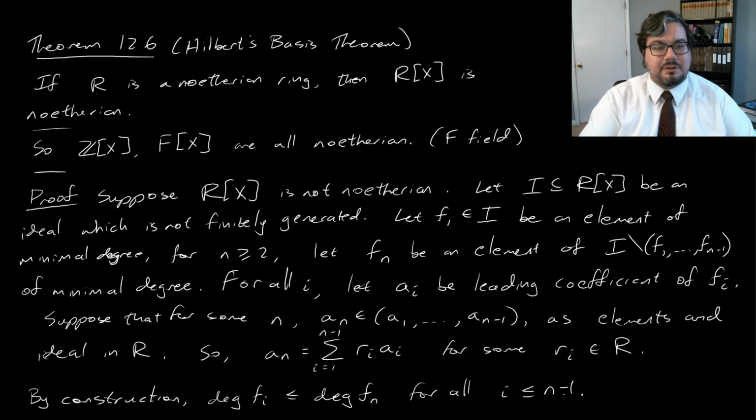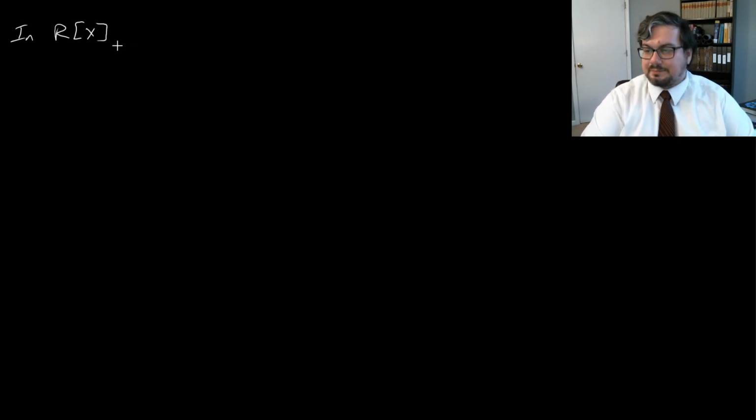So now we can work in the polynomial ring over R of x, and let's let G be the sum, i equals 1 to n minus 1, and we're going to be taking a combination of the Fi's, and we're going to be doing a couple things to it.